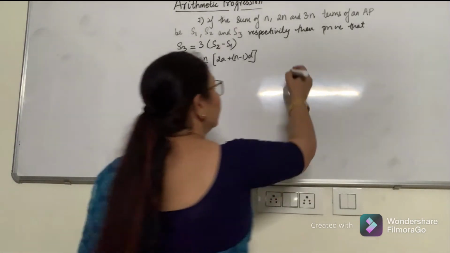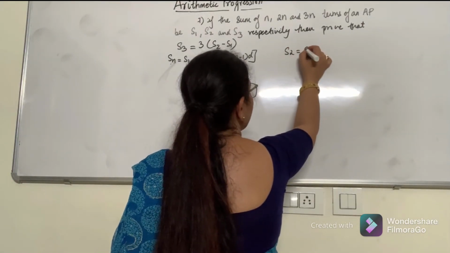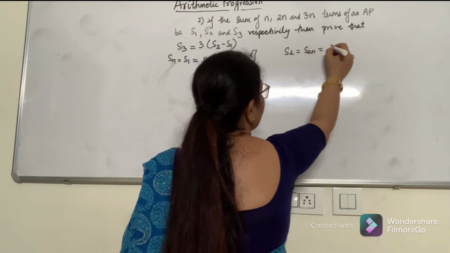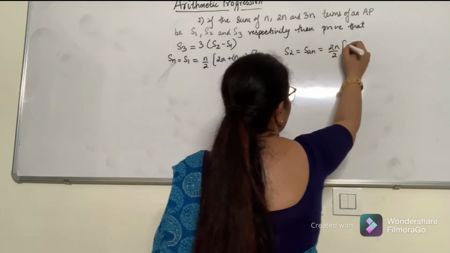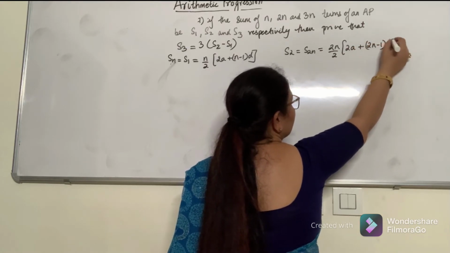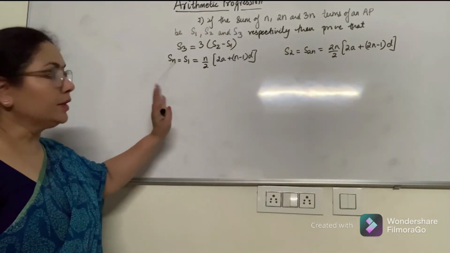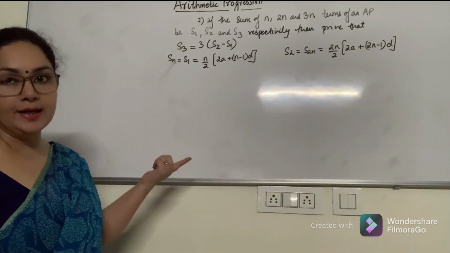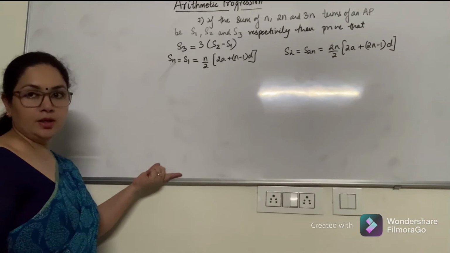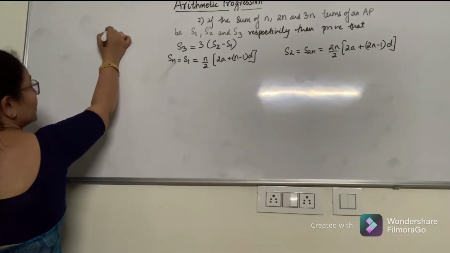Then again we write S2. S2 is S2n, which is 2n by 2, 2a plus (2n minus 1)d. Then we have to write S3, which we have to prove.